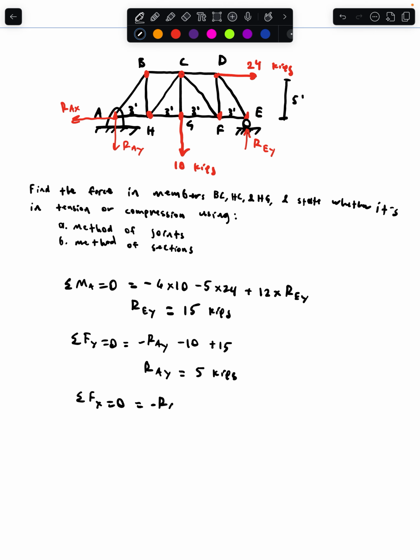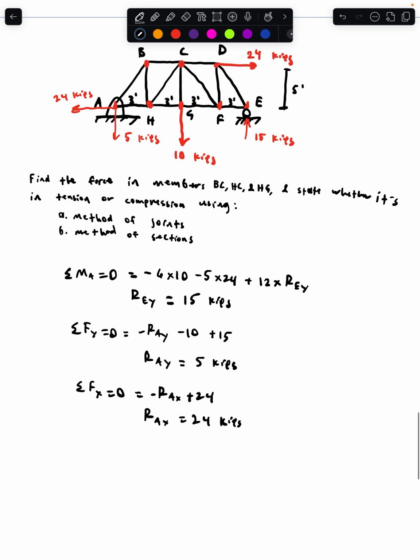So we have negative RAX and positive 24. So the reaction force at A in the x direction is going to be 24 kips. Okay, so now that we have global equilibrium, I'm going to go ahead and just label it up here. So we got 15 kips, 5 kips, and 24 kips.